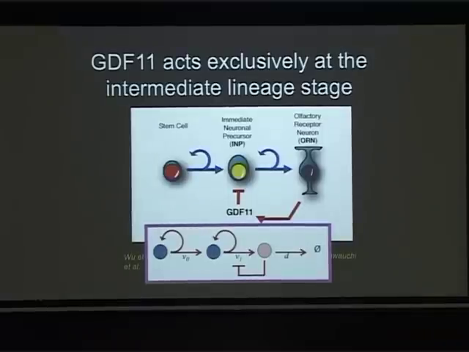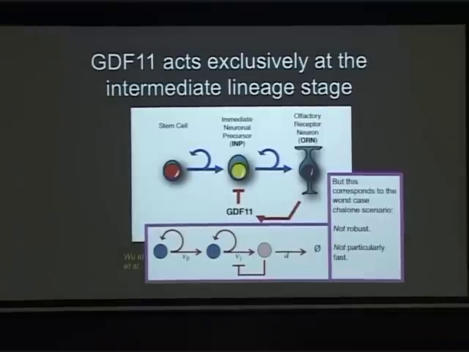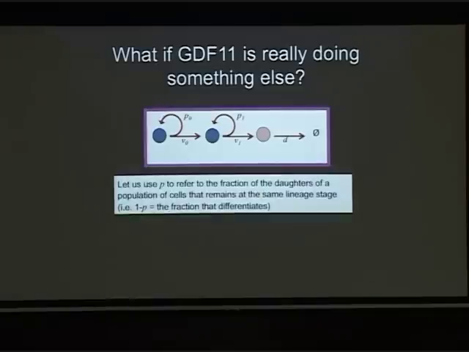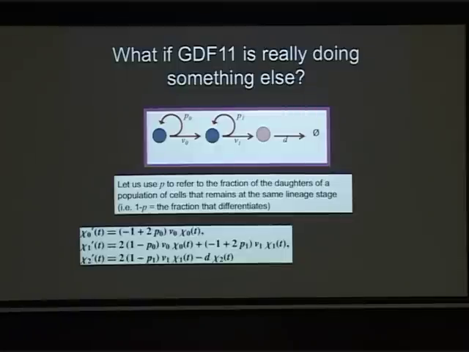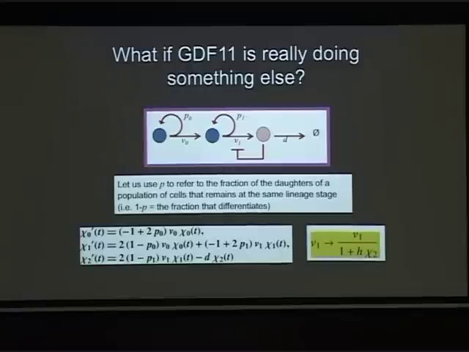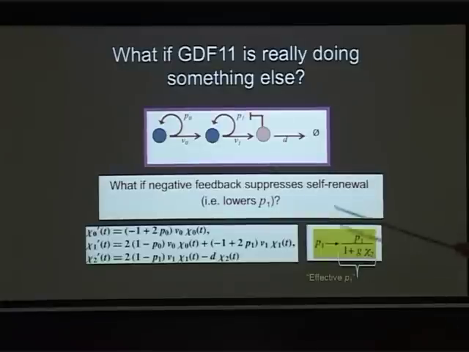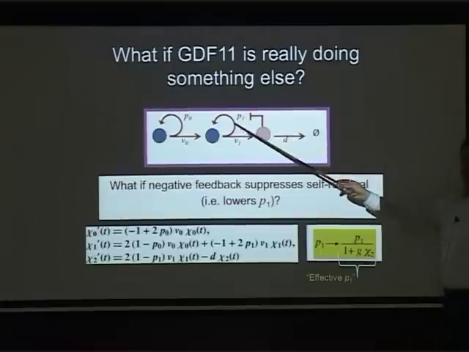So it's kind of weird, right, that the GDF11 mechanism of action should look like something that doesn't do any good? And this led us to propose a while back that, in fact, that's not what GDF11 is doing, but instead of feeding back on the rate of division of that cell, it's actually feeding back on this parameter, the p-value.